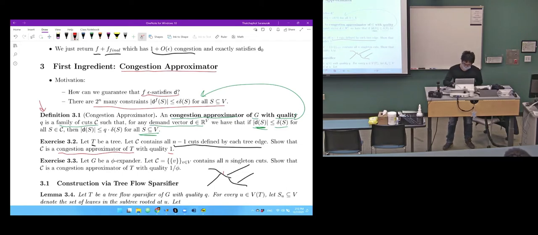The thing is, suppose the demand is two nodes, then you know that the flow is just through this path for sure. That's the only way.